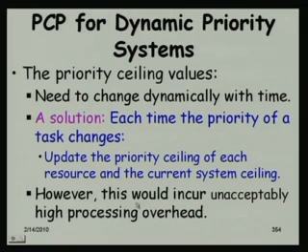If we try to do that, it will incur unacceptably high processing overhead, and resource sharing under dynamic priority systems is extremely difficult, and this is one of the main reasons why EDF is not used. We had seen some examples where the rate monotonic algorithm is used. Later as we proceed, we will see more and more examples where the rate monotonic algorithm is used for task scheduling, even though it is less proficient than EDF.